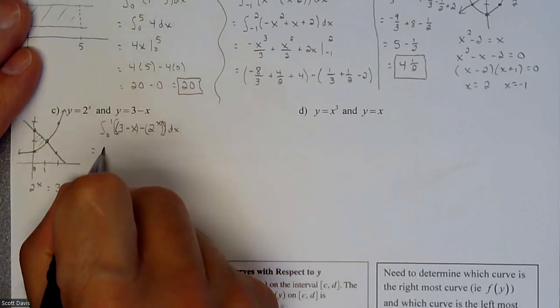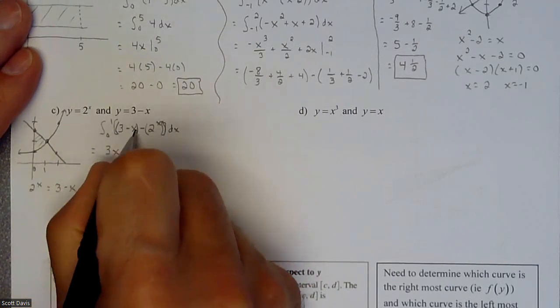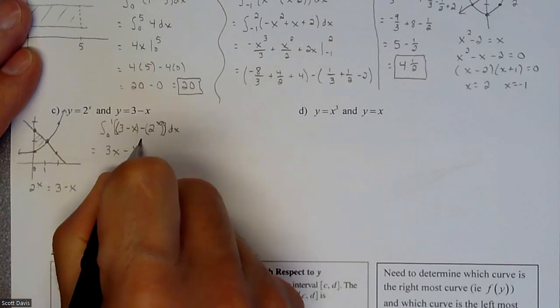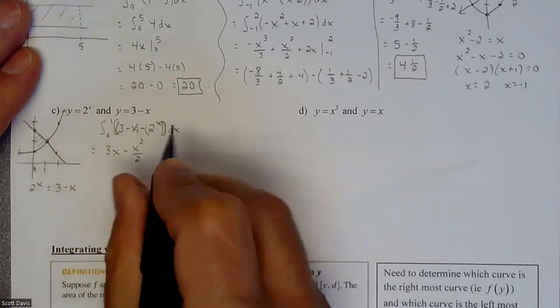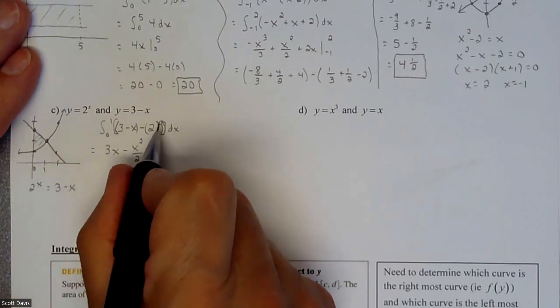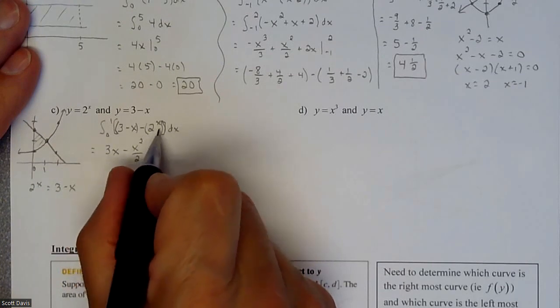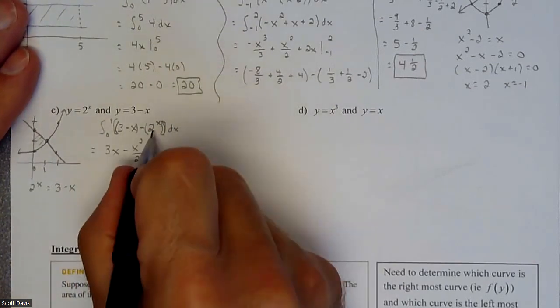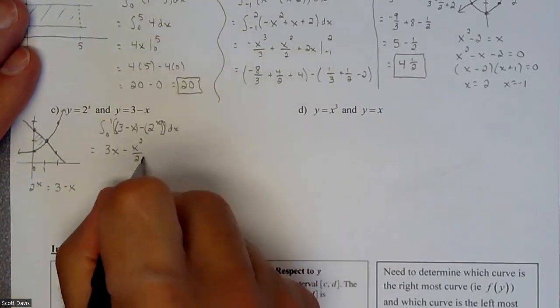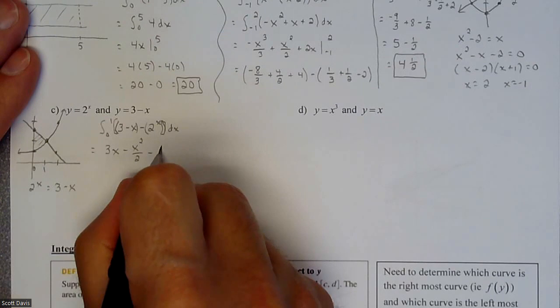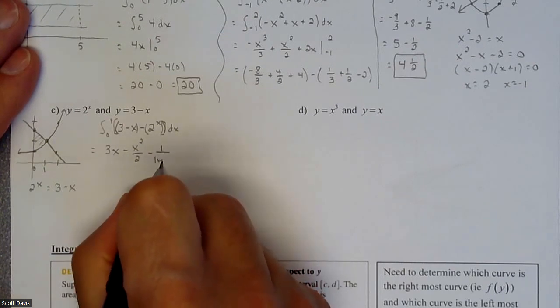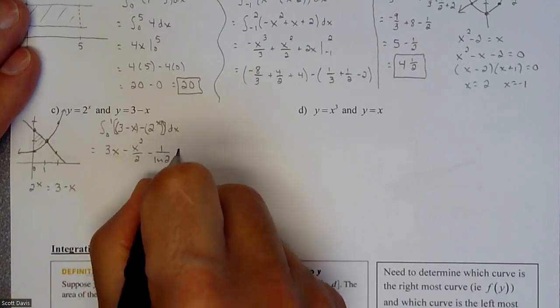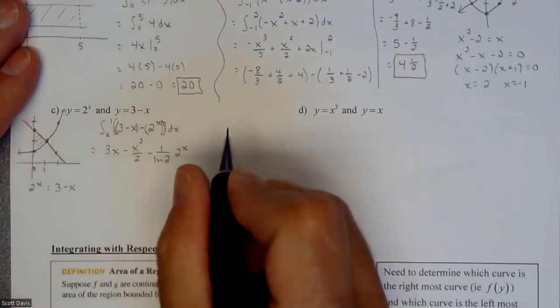So the antiderivative of 3 is 3x, and minus x would be x squared over 2. The tricky one is the antiderivative of 2 to the x, which is going to be 1 over the natural log of 2 times 2 to the x.